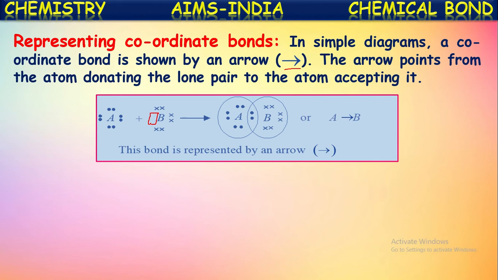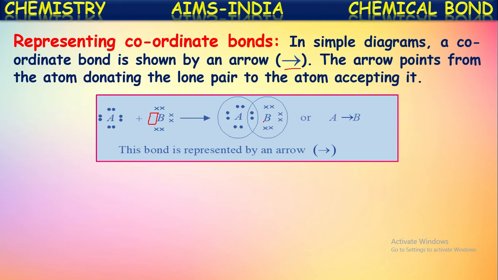Now, when these two atoms approach each other, here A donates its pair of electrons for sharing. Remember, donating in the sense that it is not giving completely to B. It is donating its pair for sharing with B. So this pair of electrons is shared between these two atoms.